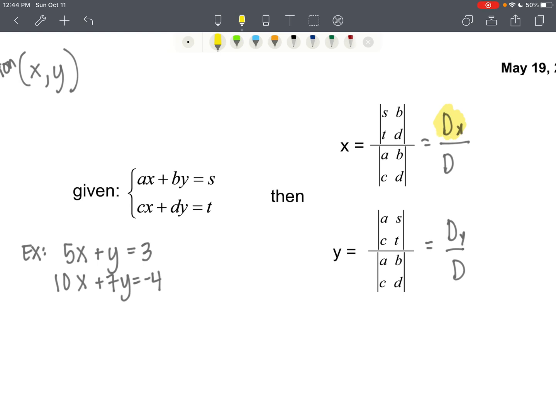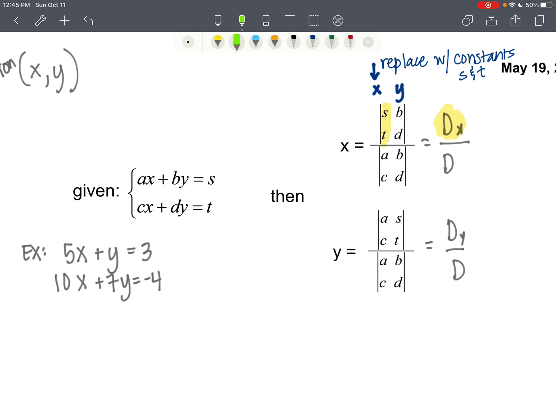instead of column 1 having the coefficients a and c, I'm going to replace it with the constants s and t. But notice how y stays the same. So I've got x, y. X is replaced, so we replace x with our constants s and t, and that's how we find the determinant of x.